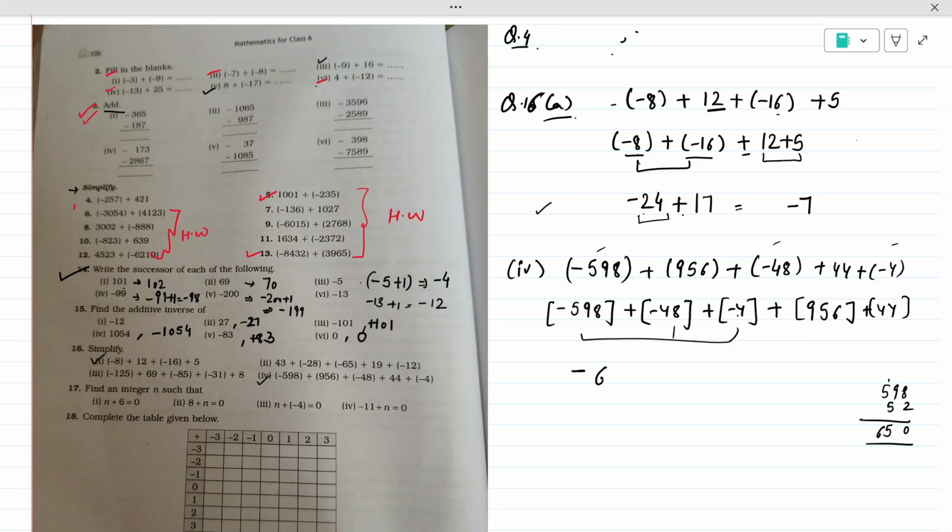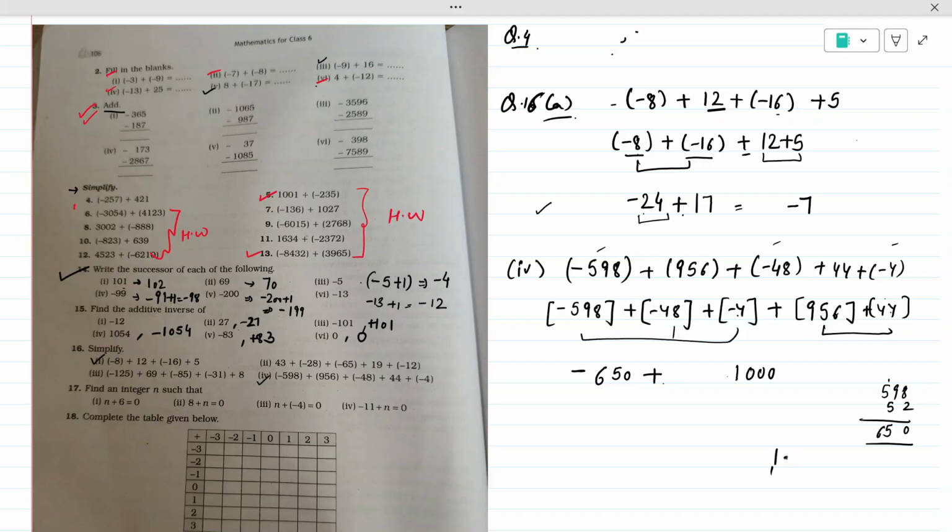So we have minus 650 here. To this we are adding these two numbers, 956 plus 44. We can straight away do this. This is 6 plus 4, 10. 5 plus 4, 9 plus 1, 10. And 10, 1000. Okay. So we have got 1000 as positive and 650 as a negative number here.